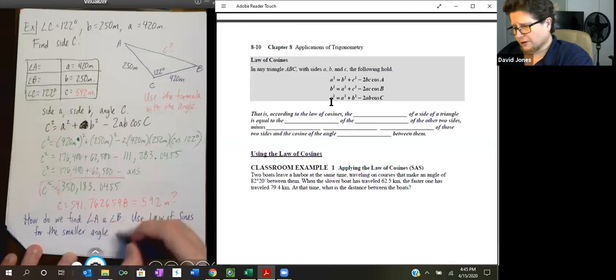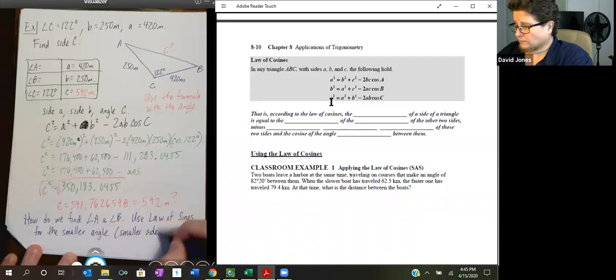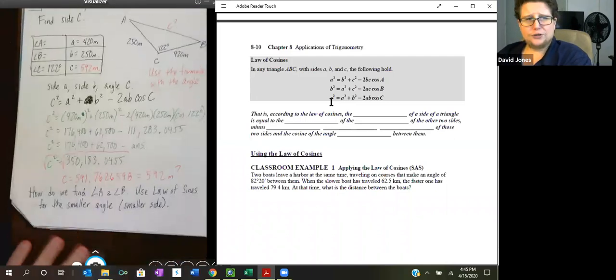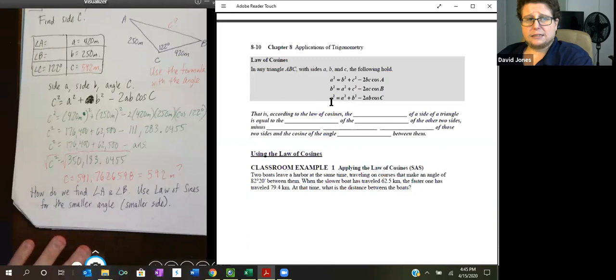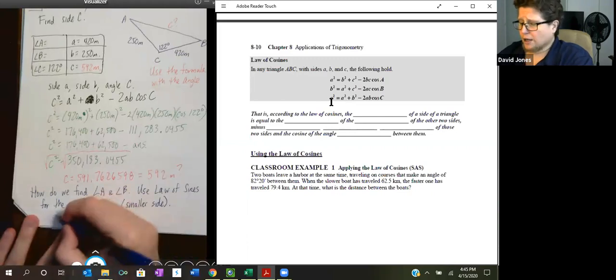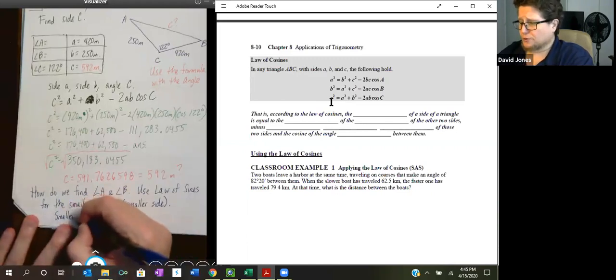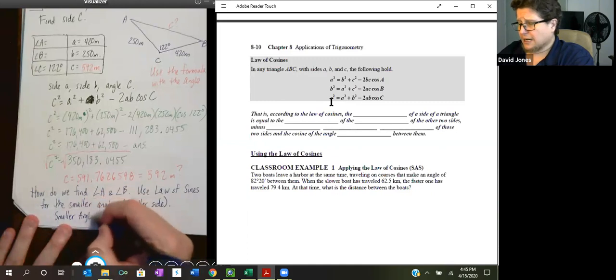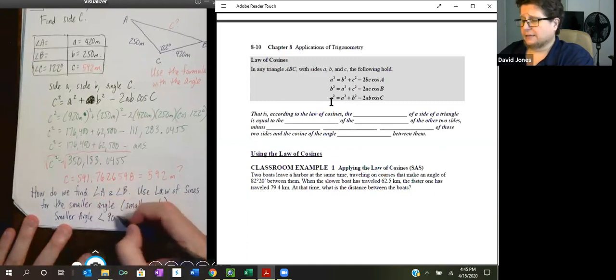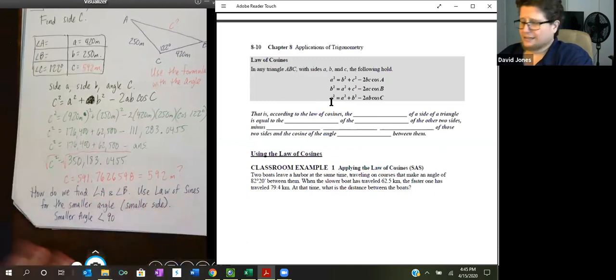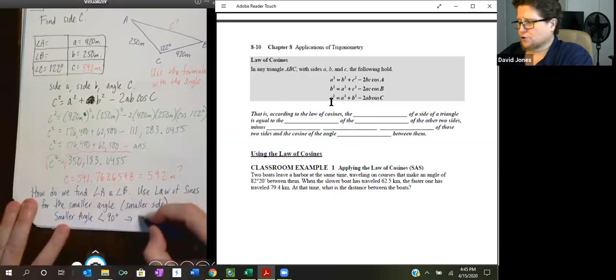The smaller angle has the smaller side. Why do we choose this? The smaller angle cannot be obtuse. It has to be less than 90. And so no two triangle option.